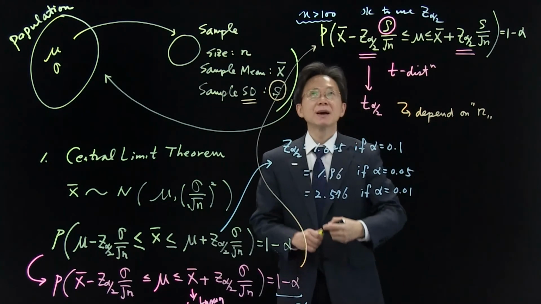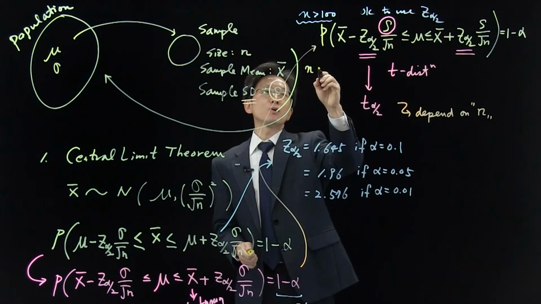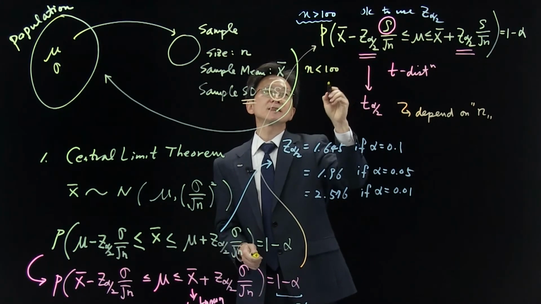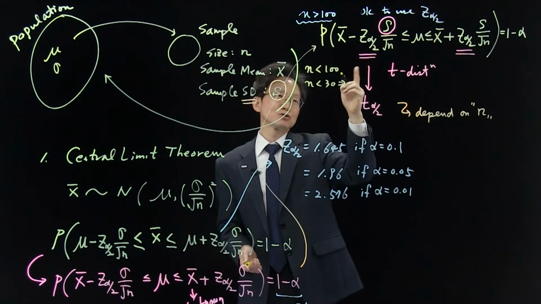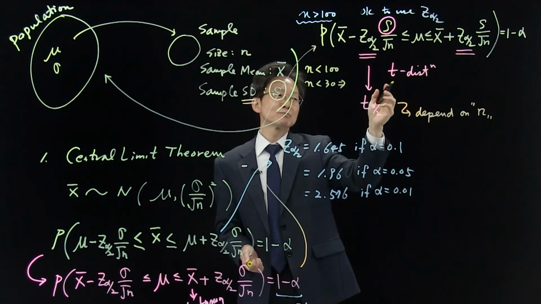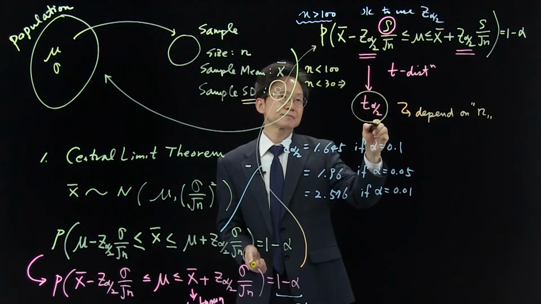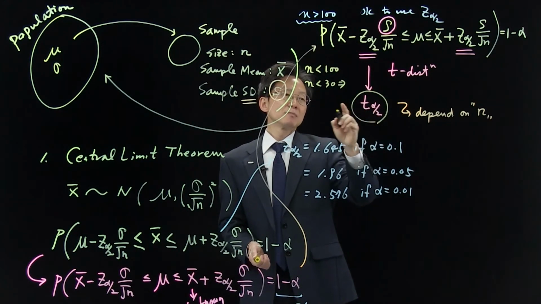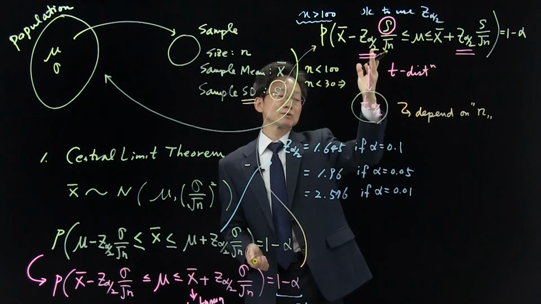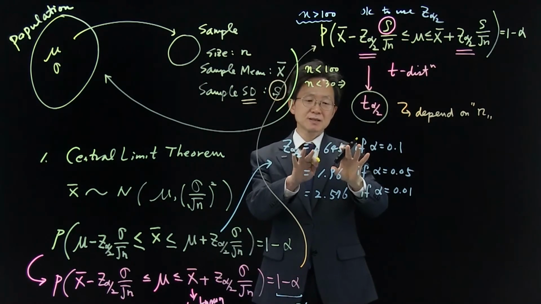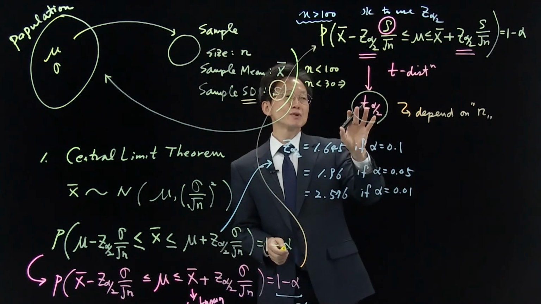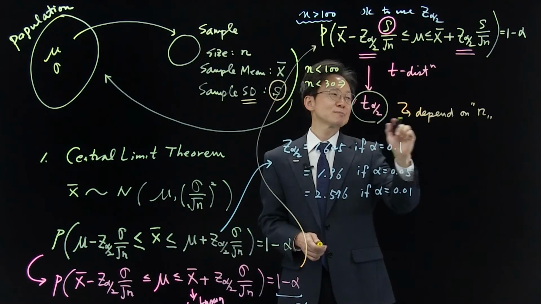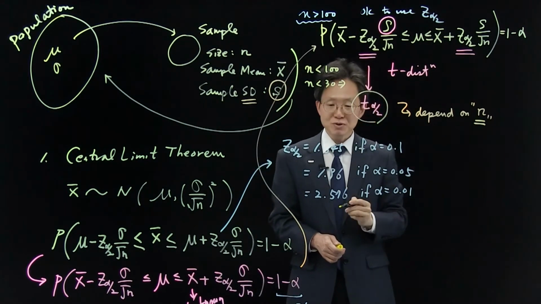Not exactly the same, but probably okay. But if n is small, less than 100, or if n is less than 30, then you must use other multiples, which are t multiples. We can get the exact z alpha over 2 values regardless of the sample size, but t alpha over 2 depends on the sample size.